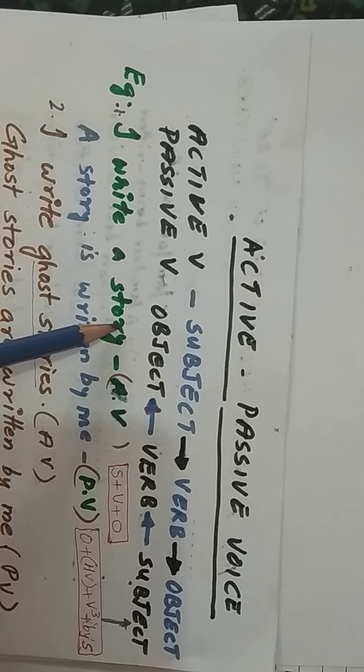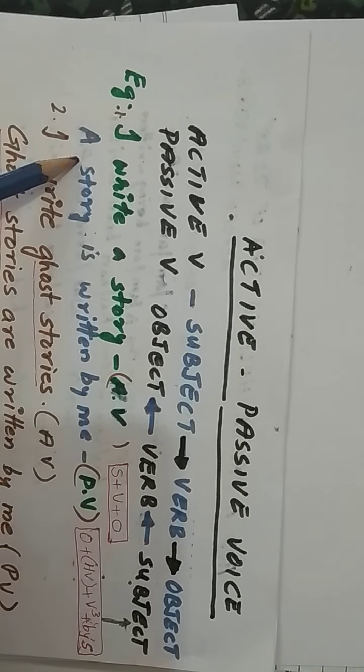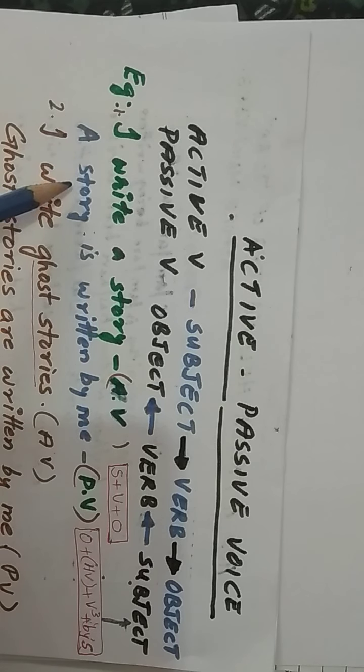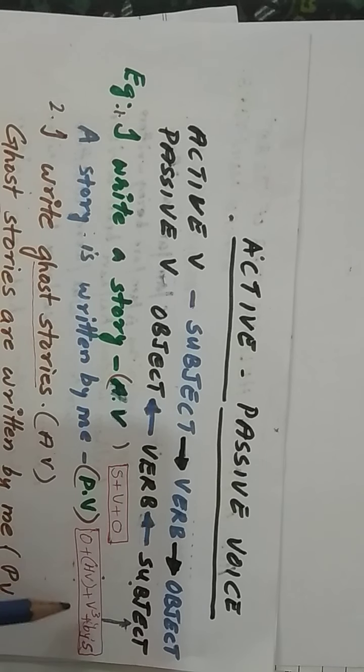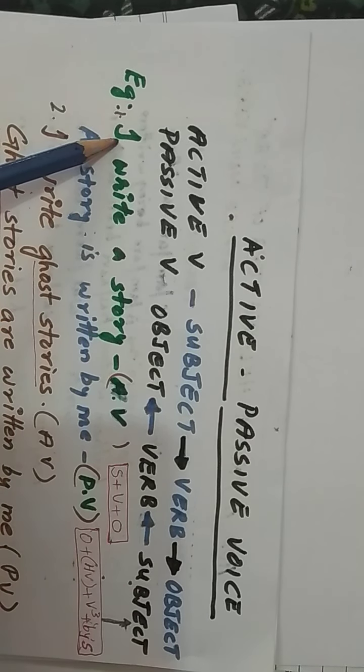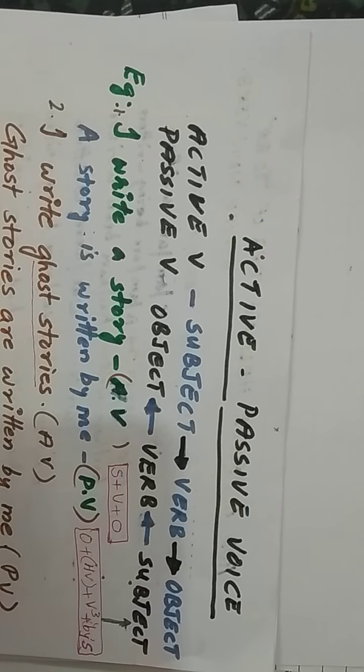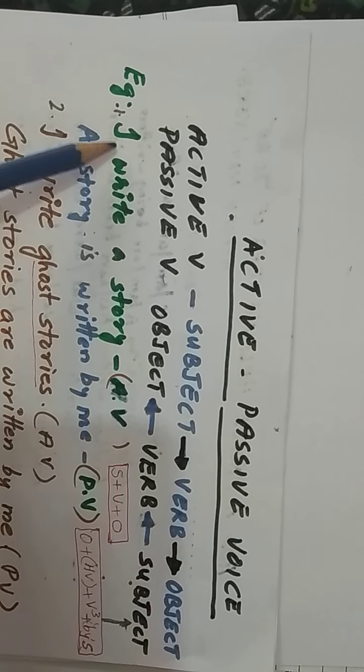A story, that is the object in the first sentence, is changed to the subject in the second sentence, that is in passive voice. Is written, that is the helping verb plus third form of the verb, and the subject I is changed into me. So we are giving the subject more importance.